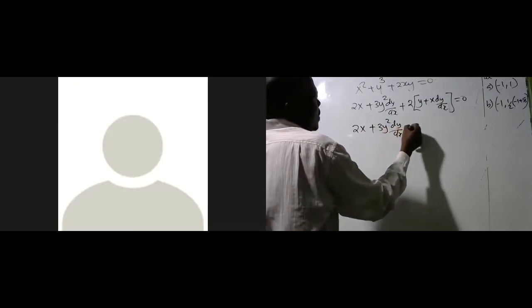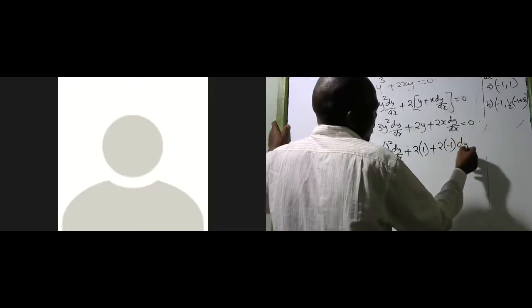Then you have 2x plus 3y squared dy/dx, plus 2y plus 2x dy/dx is equal to 0, like that.